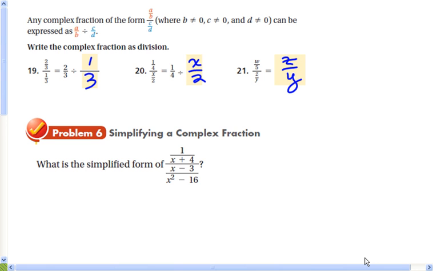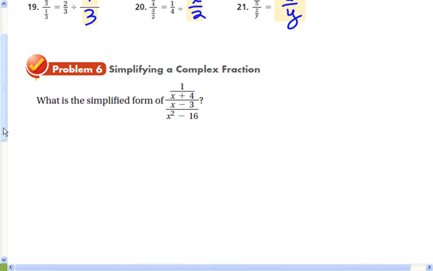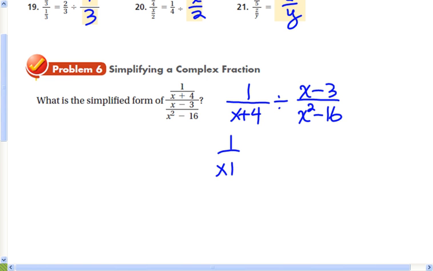Alright, problem 6. We're going to think of a complex fraction as a division problem. So what we have is this fraction, 1 over x, the quantity x plus 4, divided by the fraction x minus 3 divided by the quantity x squared minus 16. Then we're going to change that to multiplication by multiplying by the reciprocal.